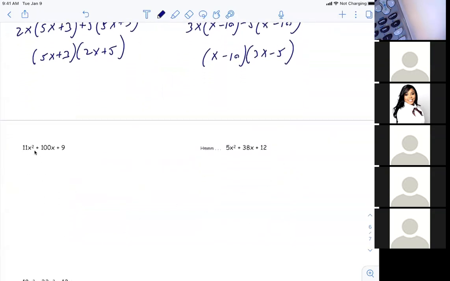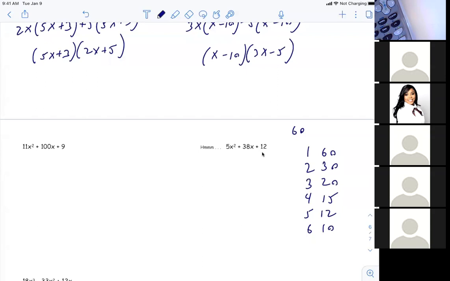And this one, I'm going to skip this one because we're running out of time. Now, this will answer your question, Atul. If we do 5 times 12, we get 60. Possibilities: 1 times 60, 2 times 30, 3 times 20, 4 times 15, 5 times 12, 6 times 10, and then the next would be 10 times 6.